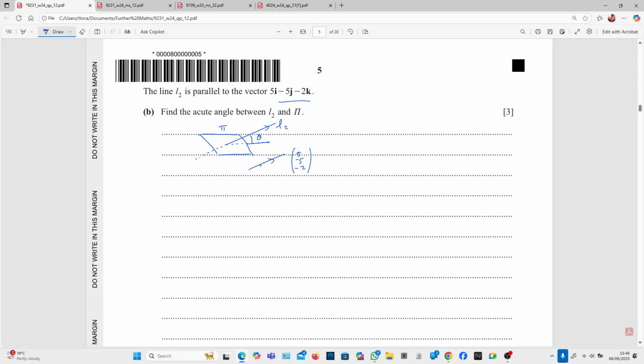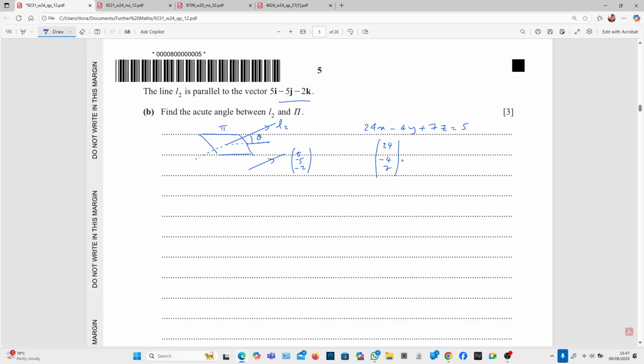So how do we go about this? First of all, I need the equation of the plane, which is 24x - 4y + 7z = 5. The normal vector of this plane is (24, -4, 7).